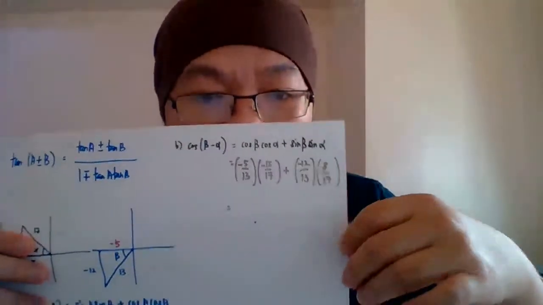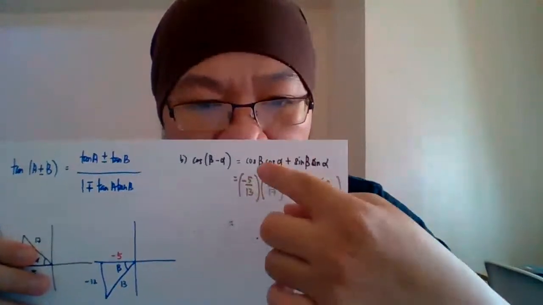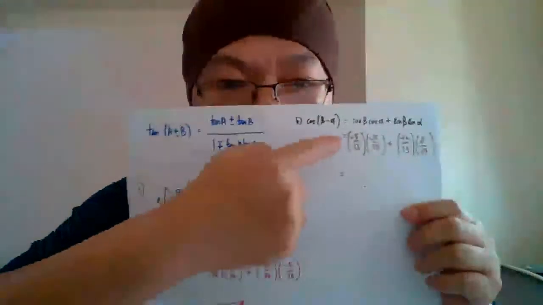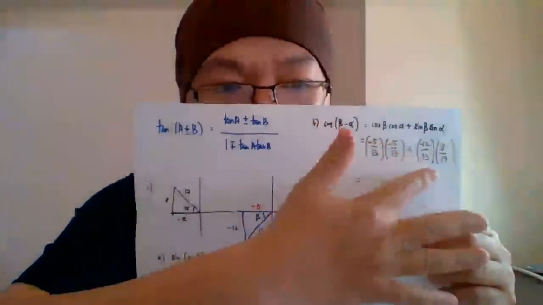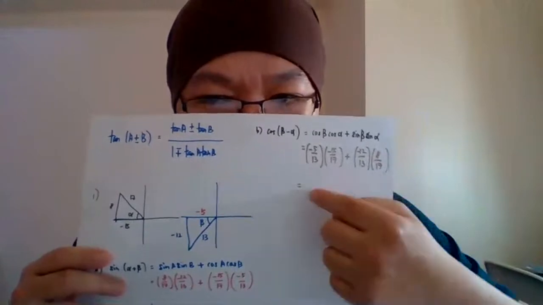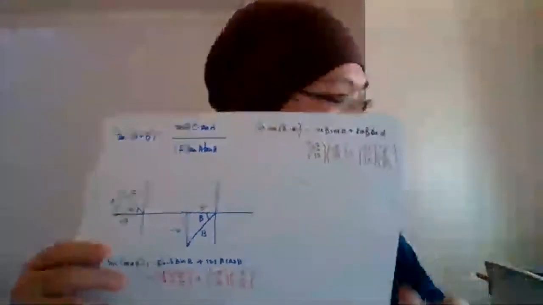Okay, guys, this is the answer. The step: substitute every value. Cos beta how much from the diagram here. So cos beta, cos alpha, etc. Then I leave it for you to find the final answer here. Okay, settle. That is your question B.